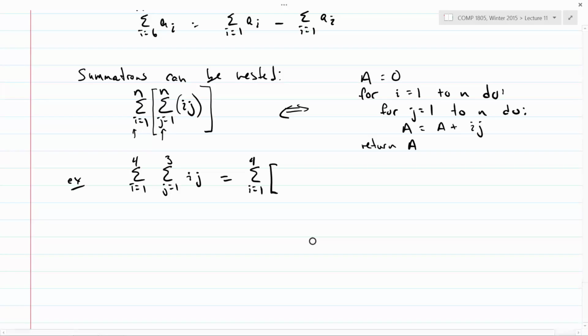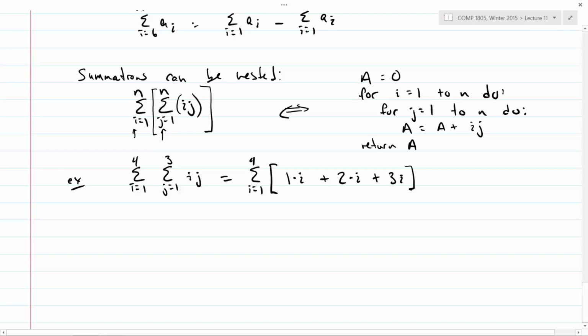Yeah, it's going to be i. 1 times i, if you like. Because when j equals 1, what we get here is i times j. j is 1, so we get 1 times i. What's the second term going to be? 2 times i. What's the third term going to be? 3 times i. And there's only 3 terms, so we stop there.